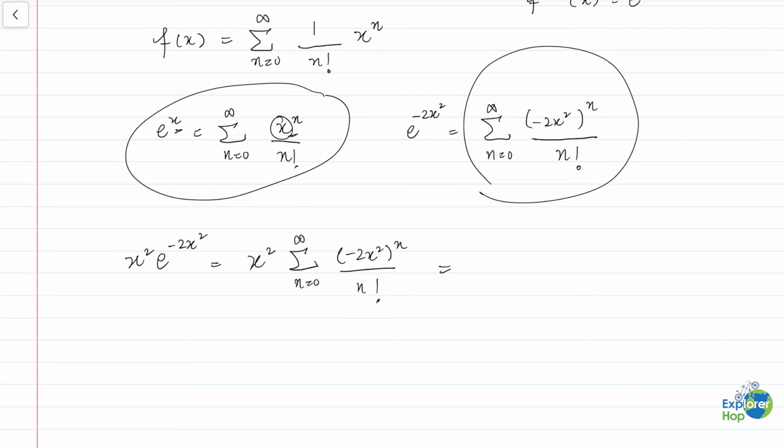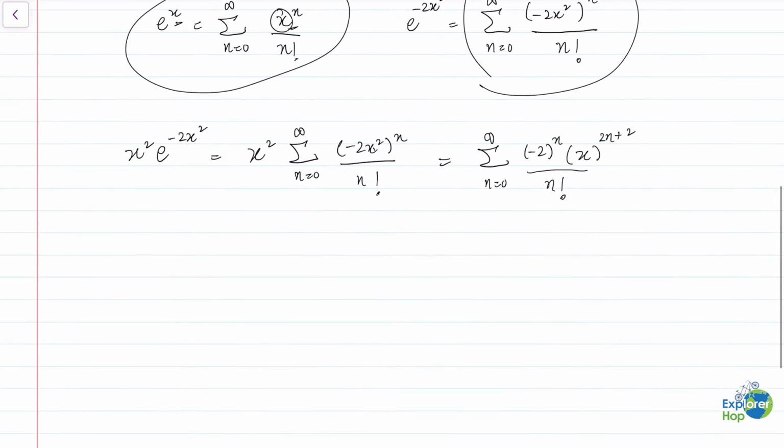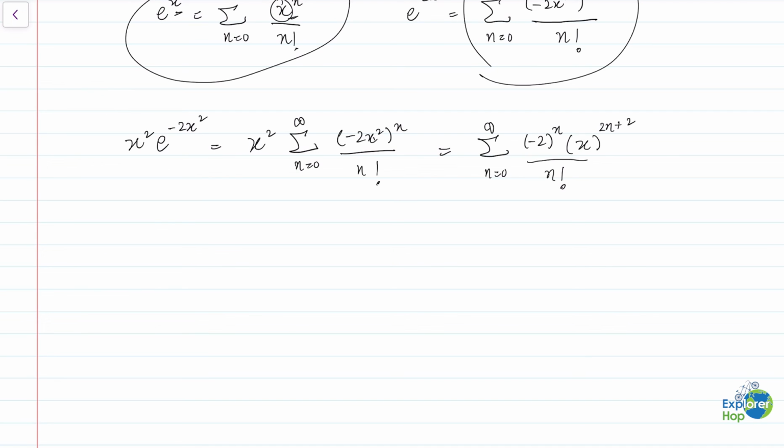We would write it as the sum from n equals 0 to infinity of minus 2 to the power n. We are just separating minus 2 and x squared, and this would be x to the power 2n, and multiplying it by x squared we would get x to the power of 2n plus 2, and the denominator would be n factorial itself.